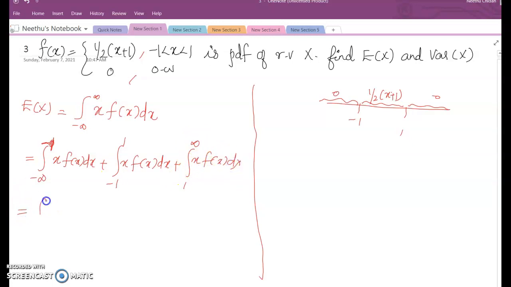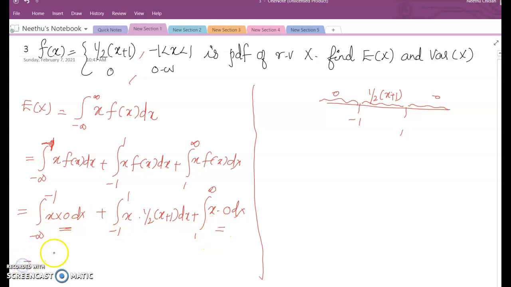In the interval minus infinity to minus 1, function value is 0. Therefore, first integral became 0 and second integral minus 1 to 1 x into 1 by 2 into x plus 1 dx plus integral 1 to infinity x into 0 dx. So integral of 0 dx, first one 0, the last one also 0.